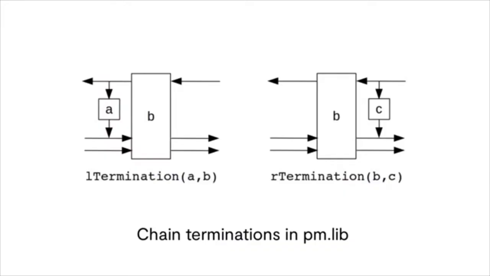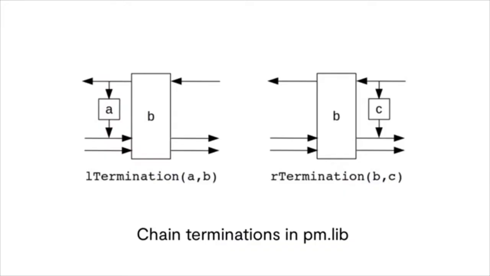So typically in waveguide physical models, you're going to have things going in those 2 directions, but then you're going to need terminations so that you create some kind of loop, as on the slide with the string. Like you have those 2 terminations, the -1 and -g, and eventually you want to be able to add that to your algorithm. The way you do that in the Faust physical modeling library is by using the L termination and the R termination functions.